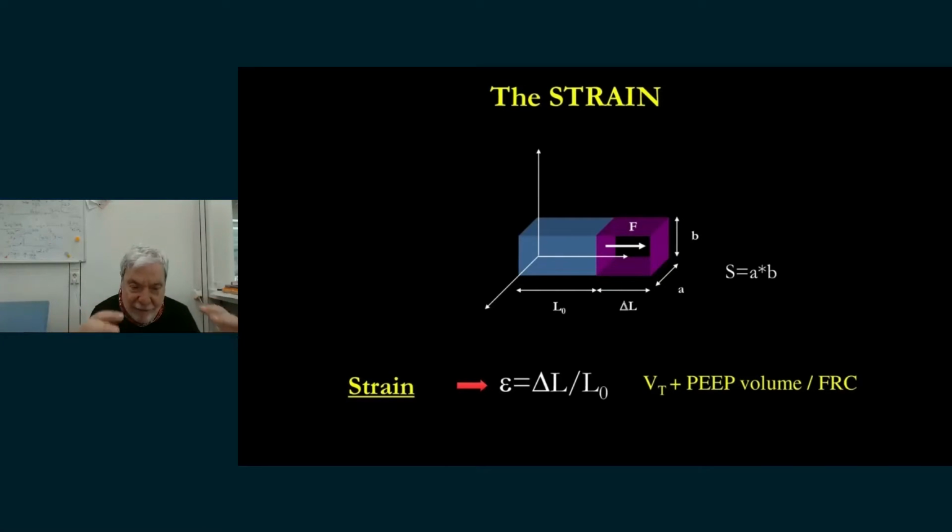That means when the force is applied, all the molecules inside react to resist the change. This is the stress, and together we have the strain, this elongation. Stress and strain are applied at each breath, and they are applied at some frequency.